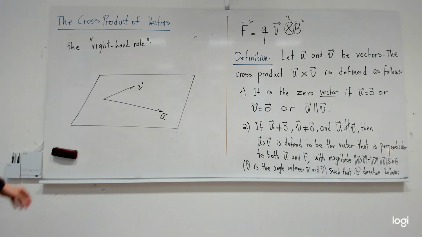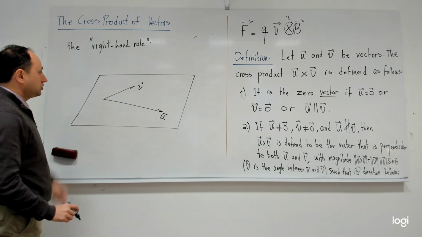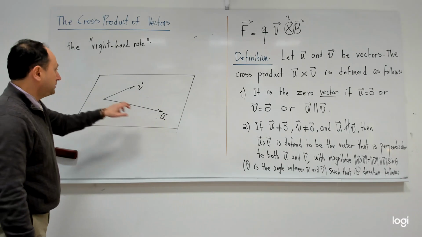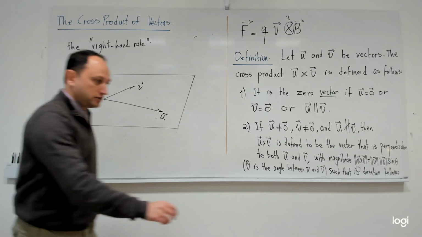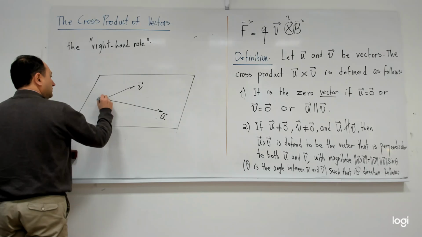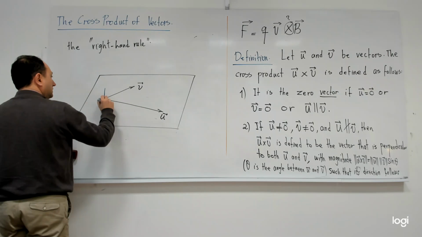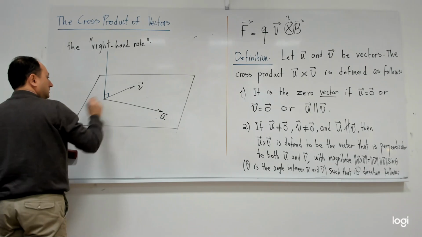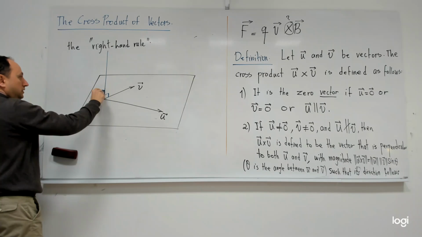Then it means that when you cross product u by v, this becomes a vector which is perpendicular to both of them. So let me just draw it here. The vector u cross v would be in a direction which is perpendicular to this one, and is perpendicular to this one.